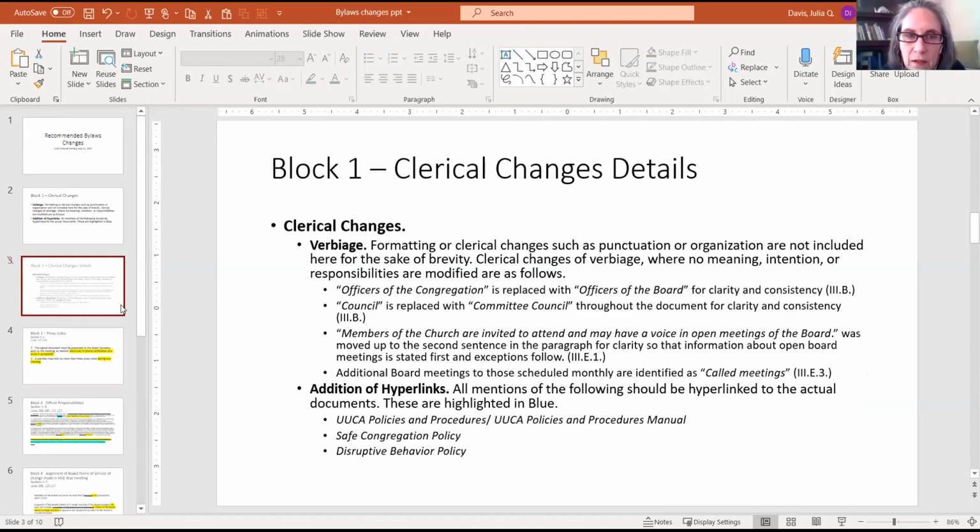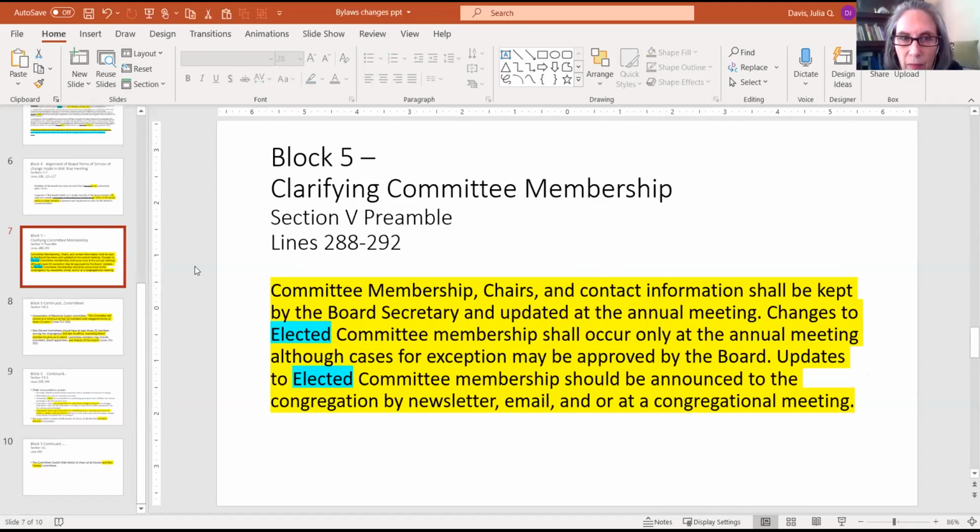Yes, the elected committees actually, I believe the bylaws say if there's a vacancy, the board may appoint someone until the next election. So it's kind of covered anyway for elected committee membership. But I'm just saying that I don't think it specifies elected. I think it's called a standing committee.